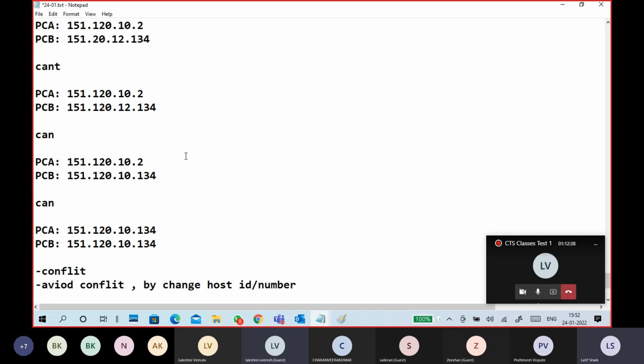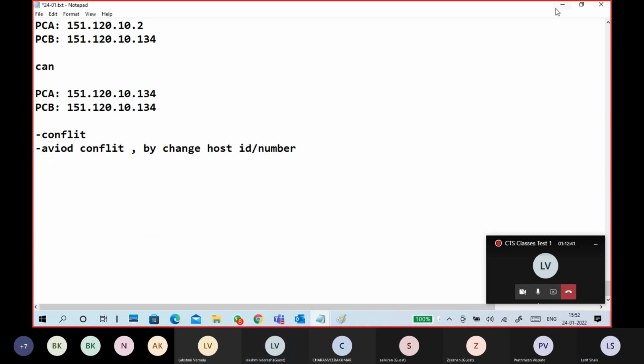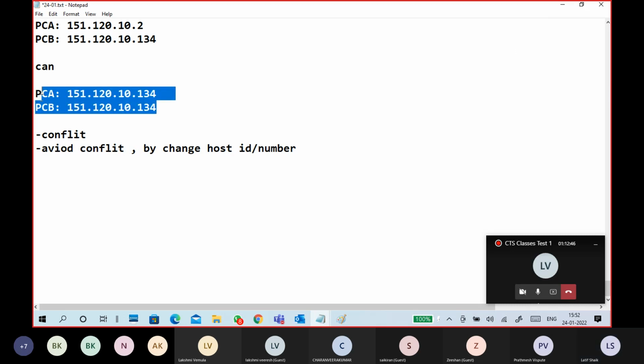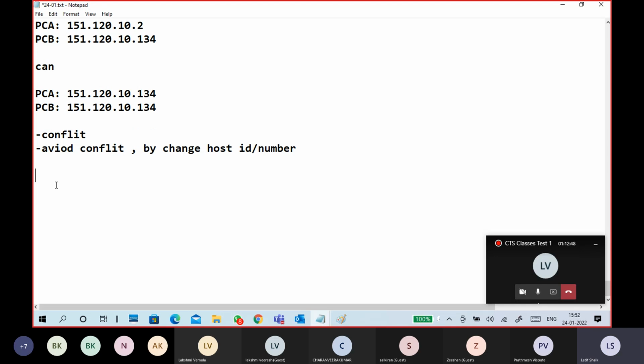One more is there, no? Sorry, one more. Class C is there, so compulsory I have to put class C. I have 194, for example, 220 dot like this.